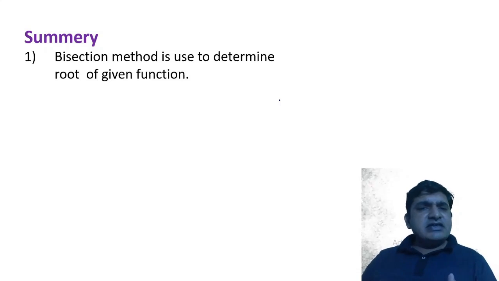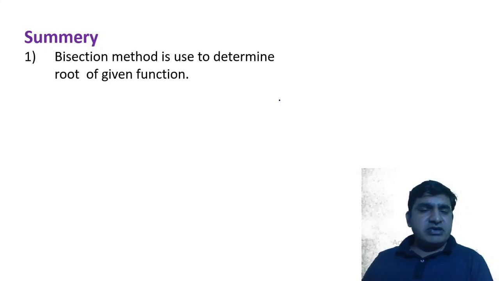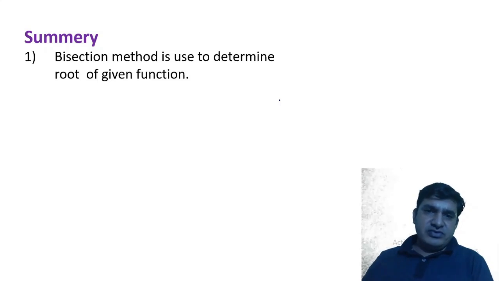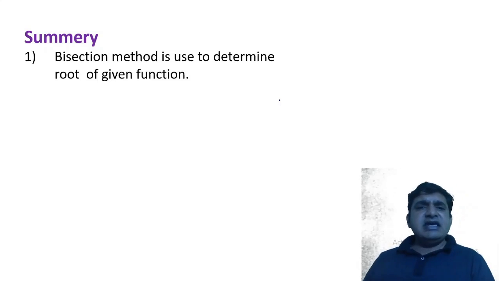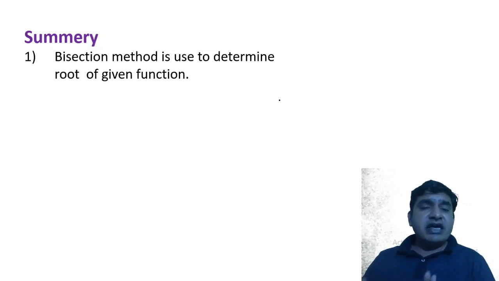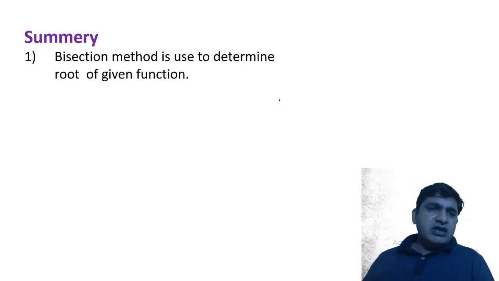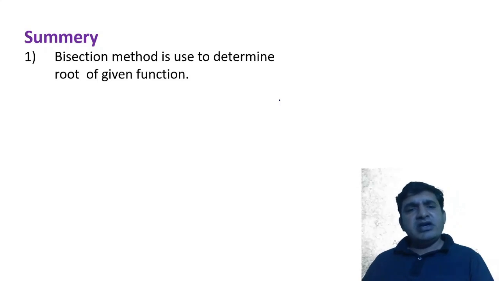Then there will be one positive and one negative value, and we can say that the root lies in between those two values. Replace x0 by x1, then x1 by x2, and this process is carried out up to a particular iteration, and we get the approximate root after that iteration.